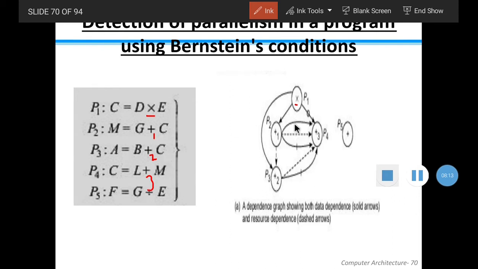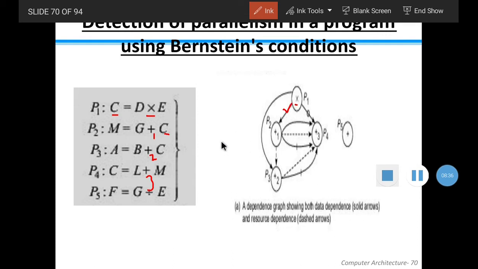So P1 is connected to P2, and in this case it is dependent on C and C, so that's why there is one arrow mark here.